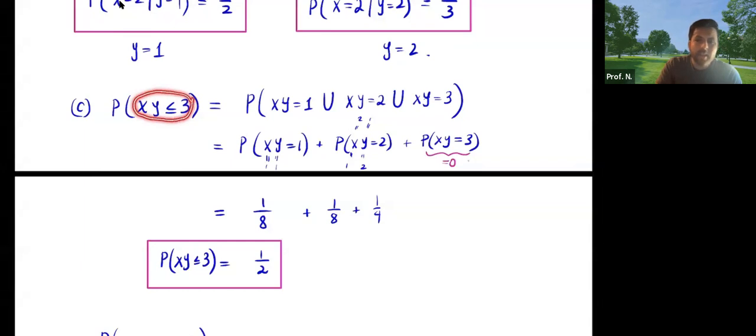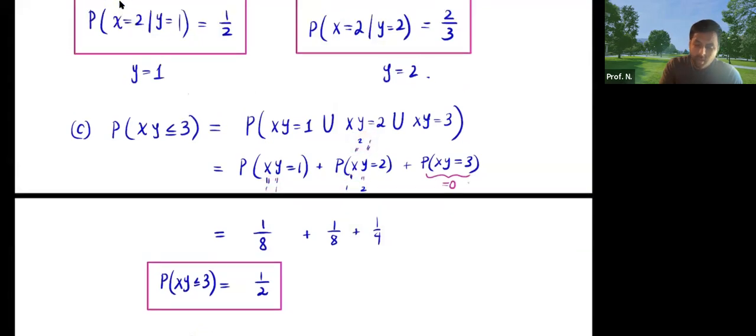Now, this event is dependent upon what x and y can be. And x and y have only a finite number of instances. X could be 1 or 2, y could be 1 or 2, and that's it. So you're basically checking what values of x and y, when I perform this product, give me something less than or equal to 3. Well, there's only 3 instances.